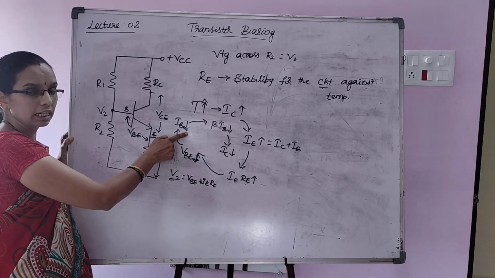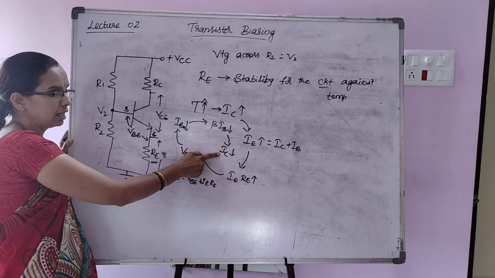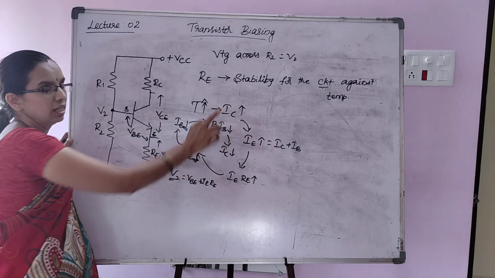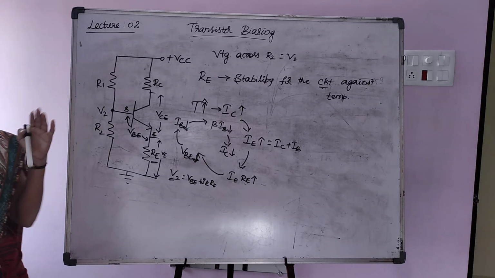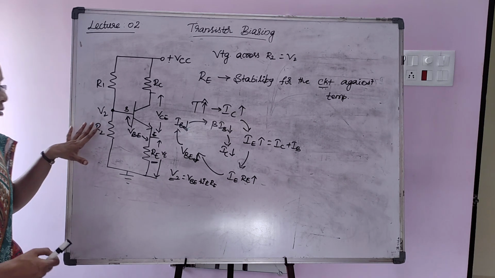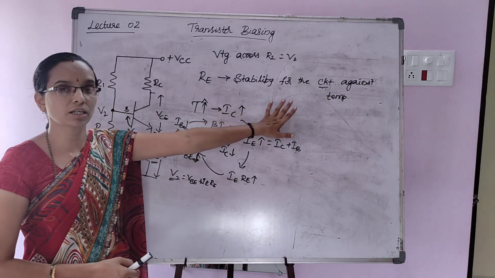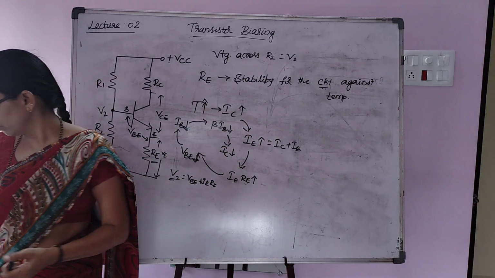So IB decreases, then beta IB decreases, then IC also decreases, which compensates the original increase in IC, and the circuit will be stable. So voltage divider biasing can provide stability for the circuit against temperature.